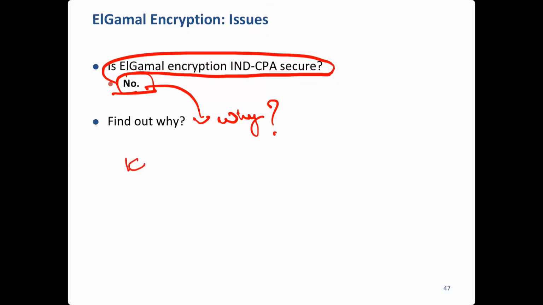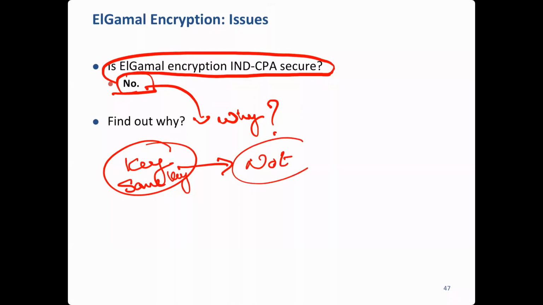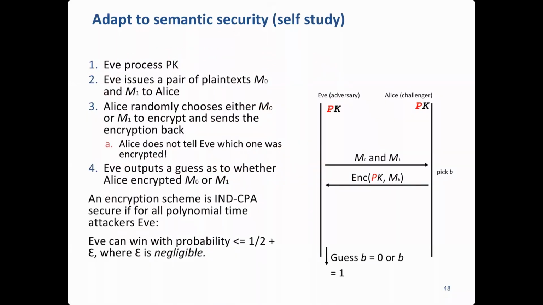If you use the same key, obviously it is not, because every time Mallory sends a message for encryption and Alice uses the same key for encryption, then Mallory will come to know about it. Please read this by yourself.